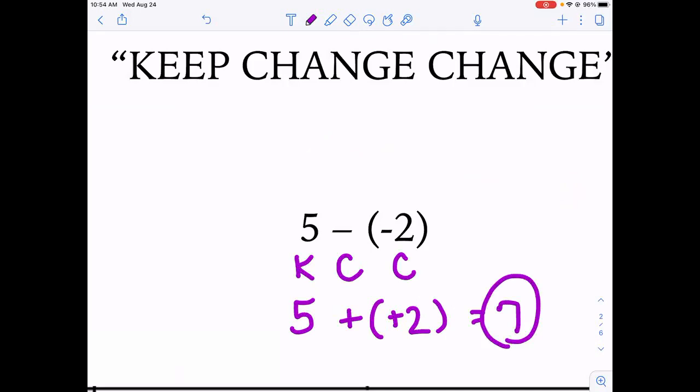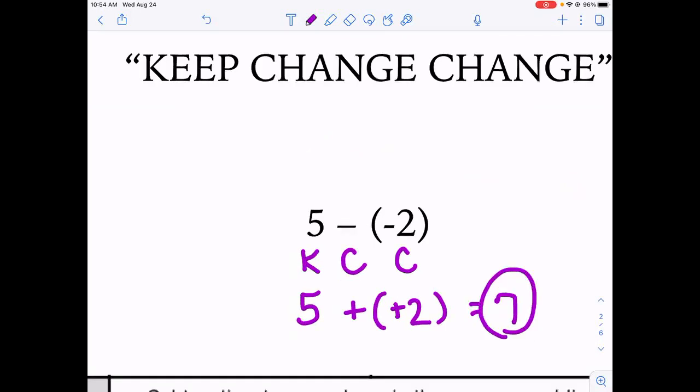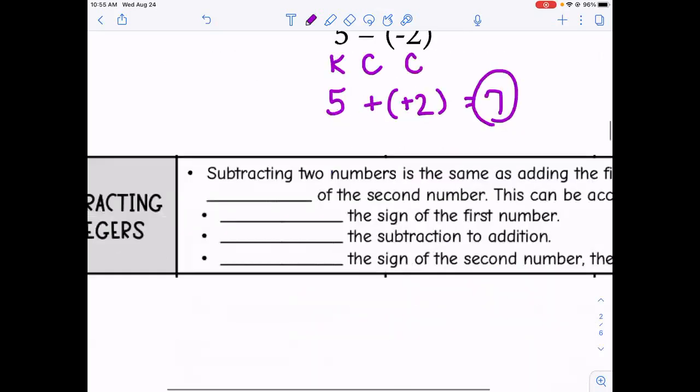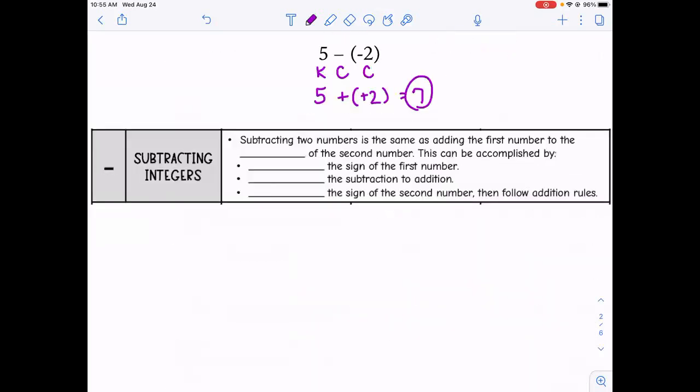Okay, so let's go into your notes and let's fill in. I wanted to talk about it before we fill this in. So subtracting 2 numbers is the same as adding the first number to the opposite of the second number. That's what we talked about first.